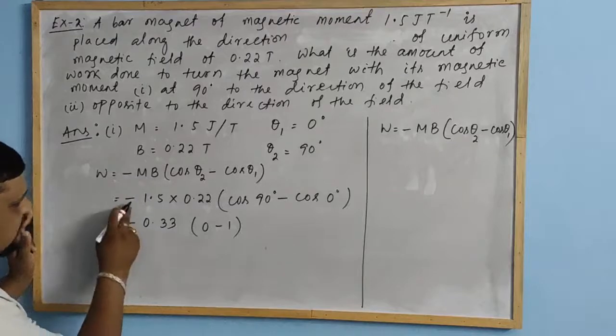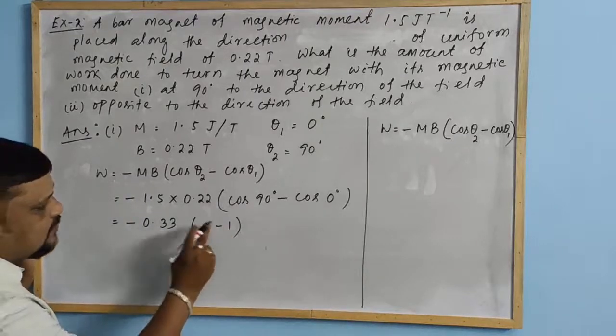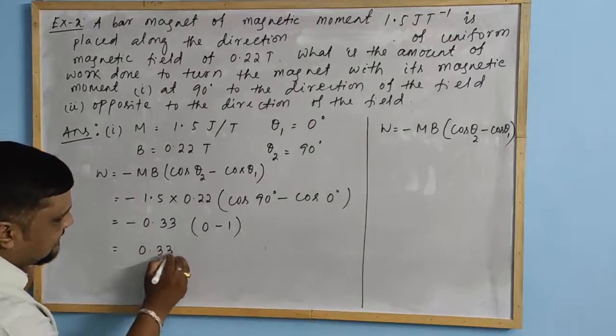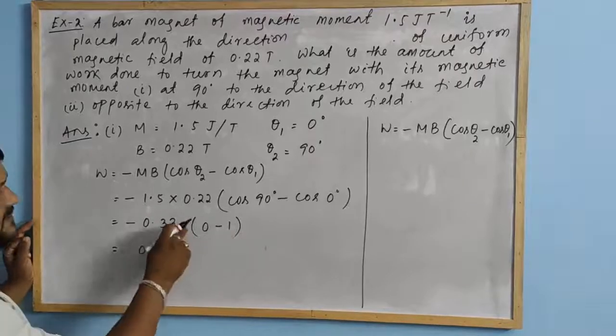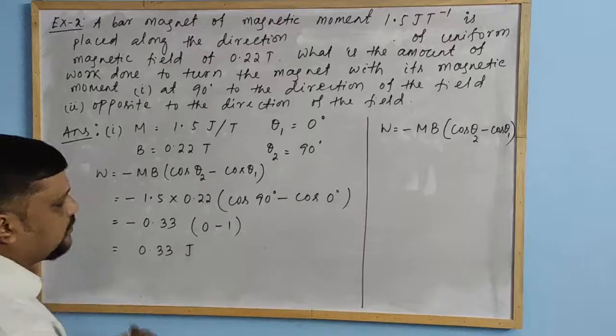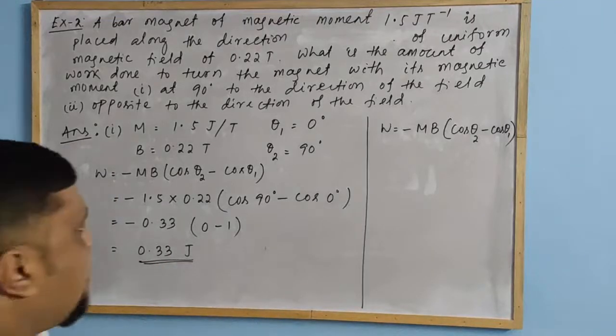So there is a minus sign obviously. So this is 0 minus 1, which is minus 1, and minus 0.33 into minus 1 will be plus 0.33, equal to 0.33 joule. This is the first part. Clear?